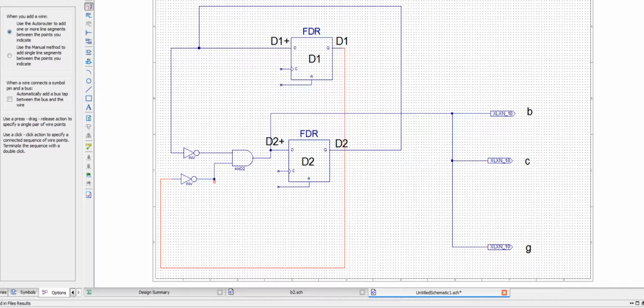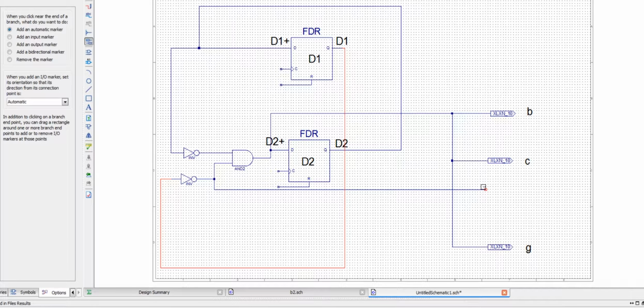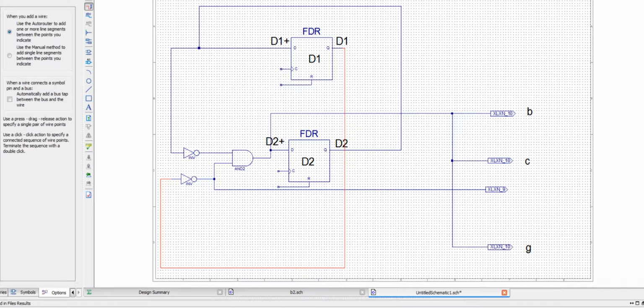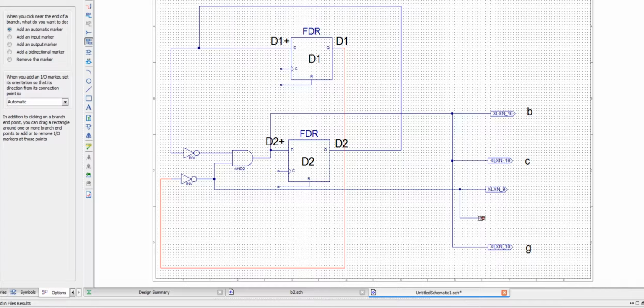I just put a wire here and create another output, and also create another output here, and also name them.